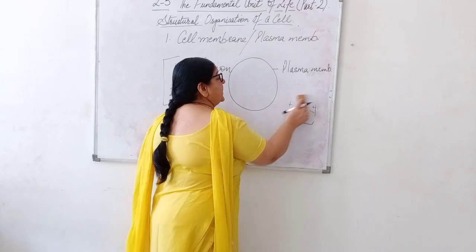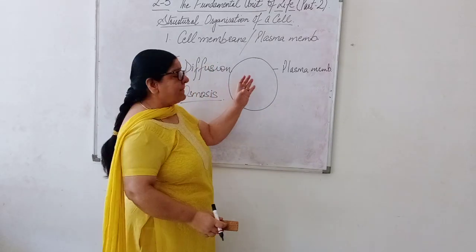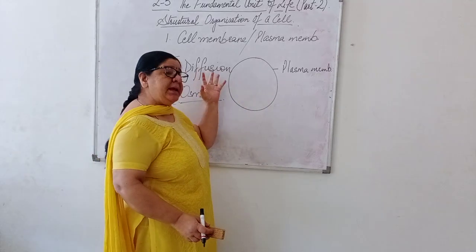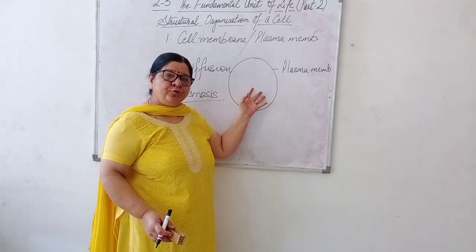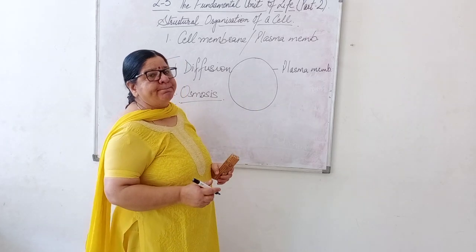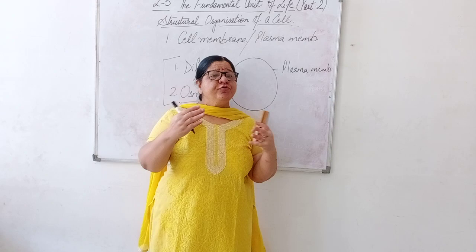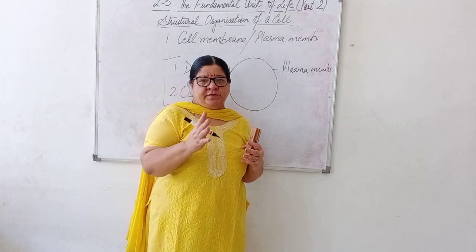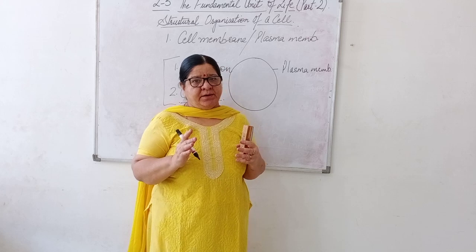And this rule is followed here also by the cell. All the substances mainly pass through the diffusion process. Like if we take for example the entry and exit of gases, that is oxygen and carbon dioxide.